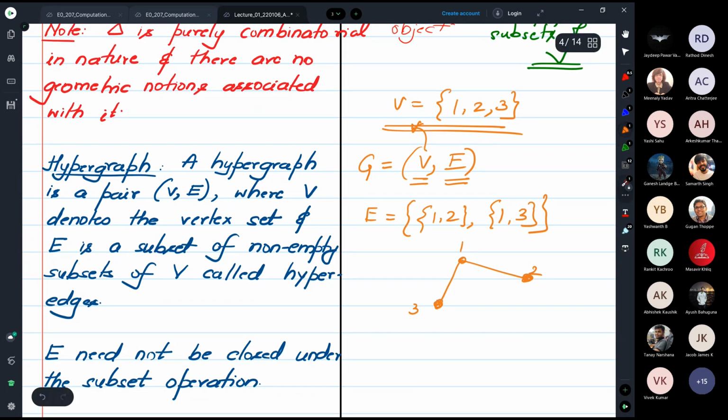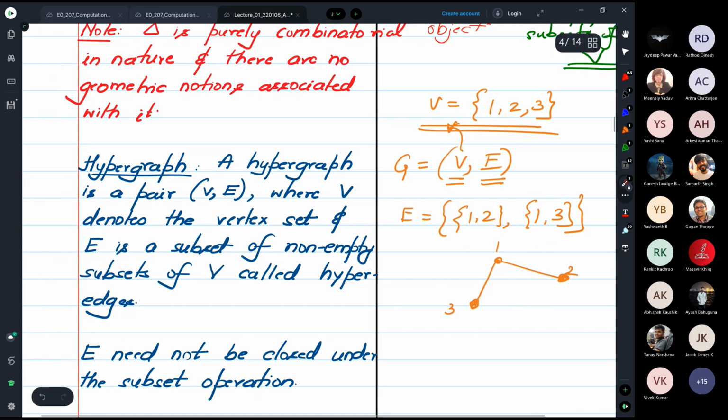I will request you to ponder whether one can view a graph also as a simplicial complex. I can ask you whether you can think of the graph itself as a collection of subsets and whether it satisfies the closed under subset property or not. I will ask you to think about it, and maybe later on we can discuss this a bit more.